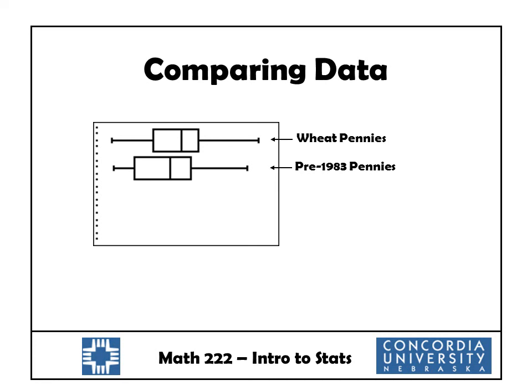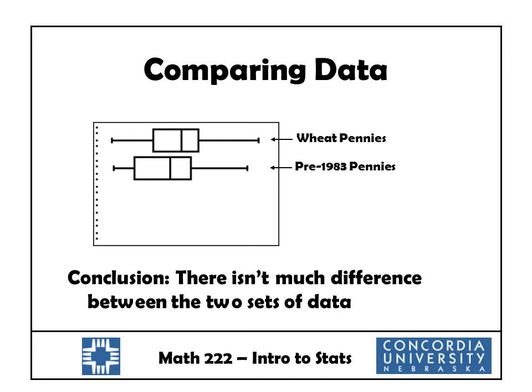We see that the first quartile for the pre-83 pennies is a little bit less than the first quartile for the wheat pennies, and so on and so forth. But the fact that those two graphs aren't terribly different is an indication that those two sets of data aren't terribly different either. So based off comparing these two box plots, we'd have to conclude that there isn't much difference between the two sets of data. They're obviously not identical, but there isn't a great deal of difference.